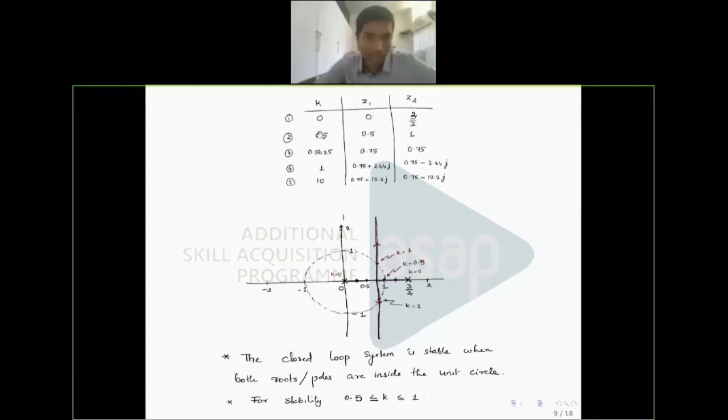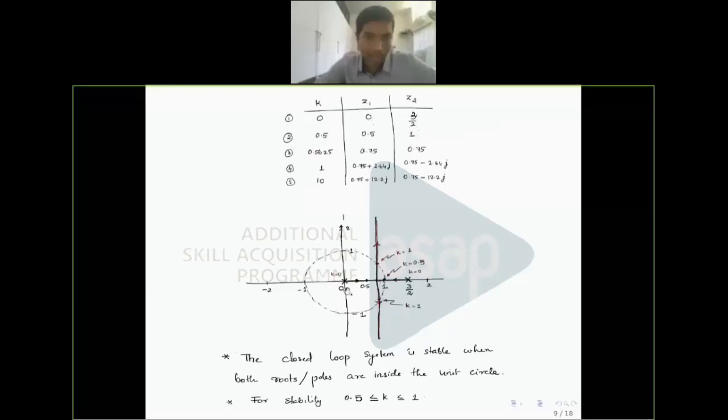When I am increasing K to 0.5, so I am just increasing the value of K, you can see that the first root increases by 0.5 and the second root moves from 3 by 2 to 1. So if you see the plot I have plotted in the Z plane.